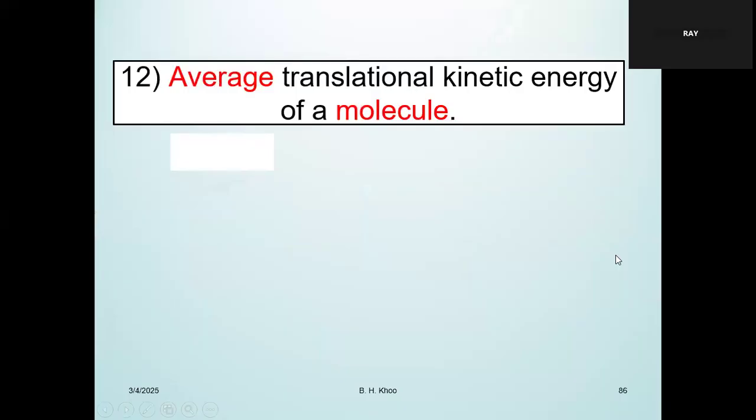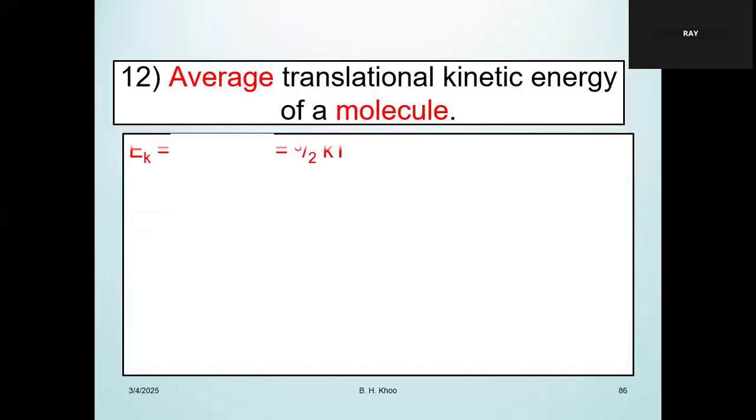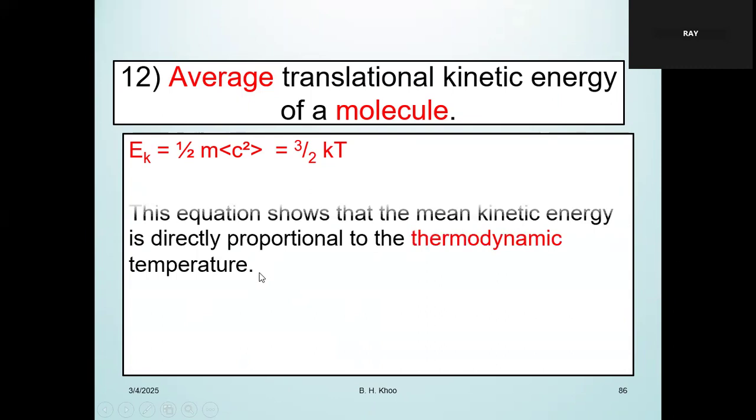Average translational kinetic energy of a molecule. This equation shows that the mean kinetic energy is directly proportional to thermodynamic temperature.